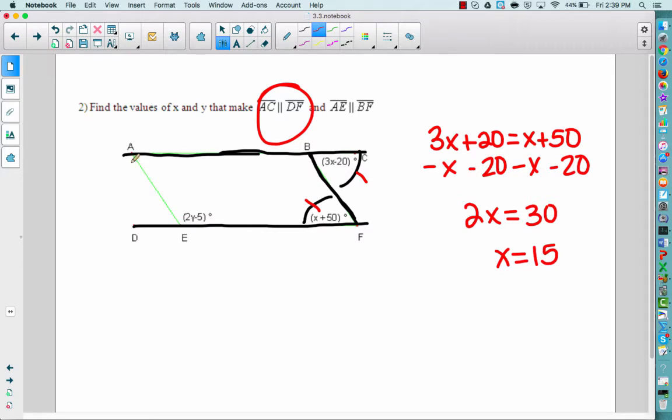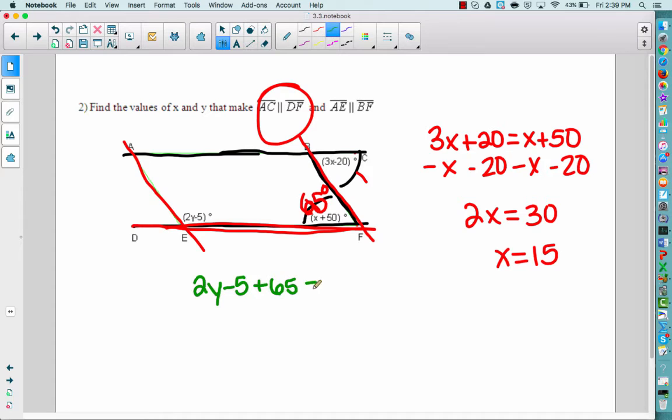All right, let's try AE and BF. If we know x is 15, then I know this is 65 degrees. If I'm trying to prove AE and BF parallel, then this is the transversal to the y, so I'd have to use the same side interior angle theorem converse. Oh my gosh, that's such a mouthful. And say that 2y minus 5 plus 65 equals 180.